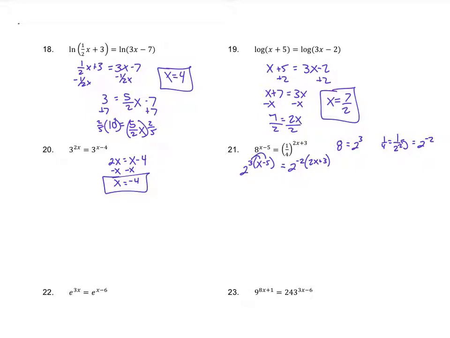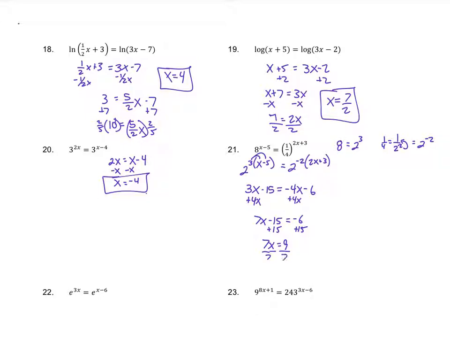Distribute our new exponent, so 3x minus 15 equals -4x minus 6. We're going to add 4x. Add 15. 7x equals 9.